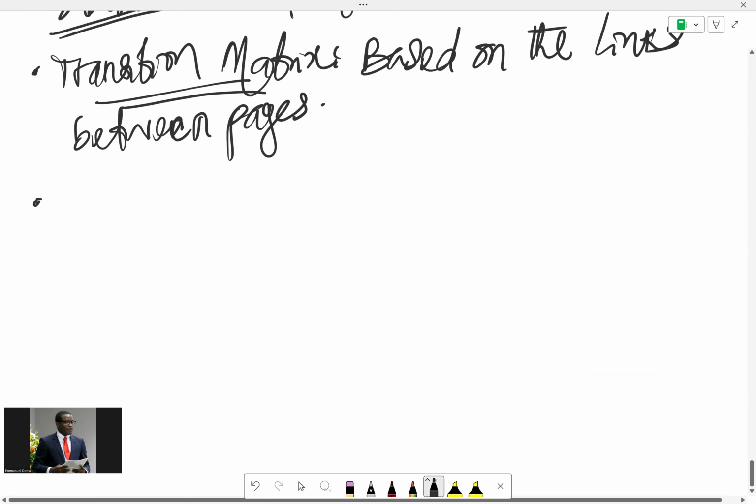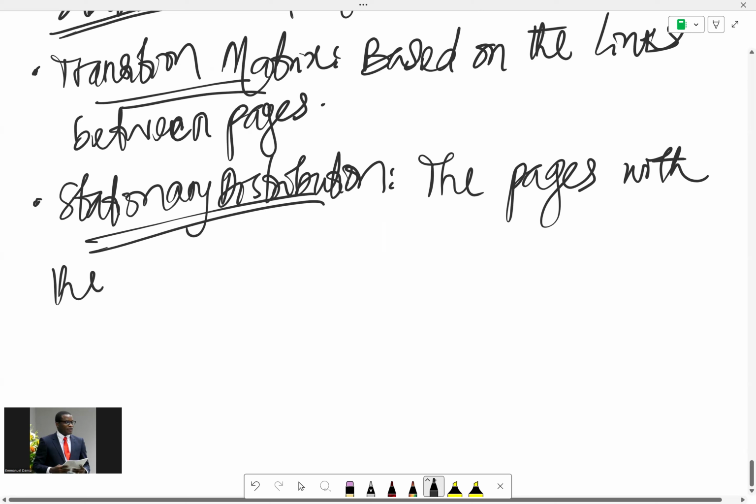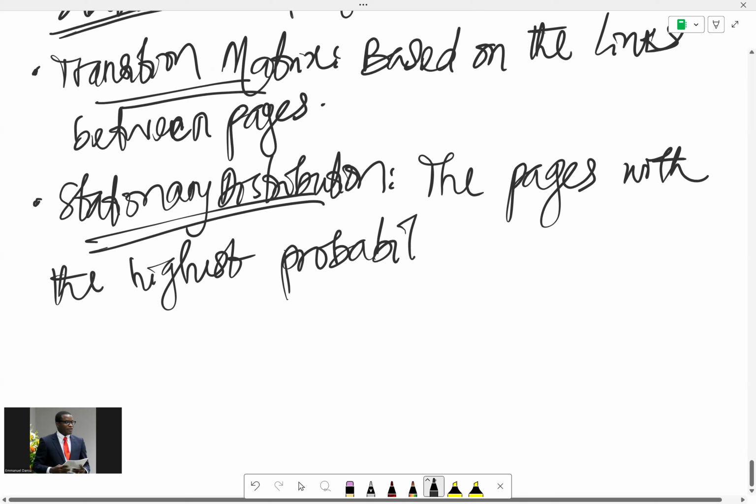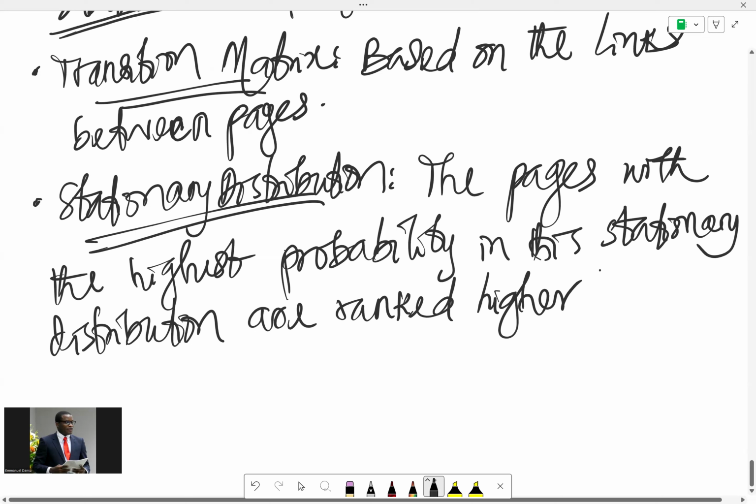Then thirdly, you have the stationary distribution. The pages with the highest probability in this stationary distribution are ranked higher by PageRank.